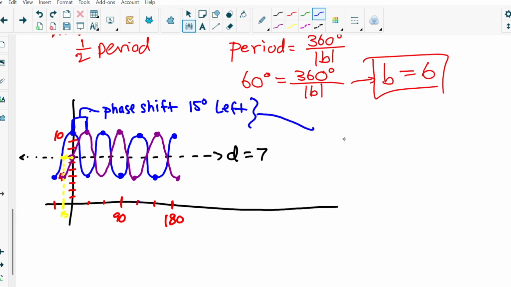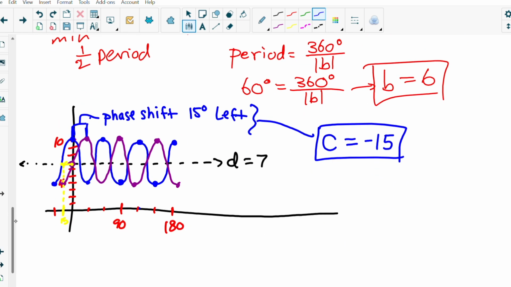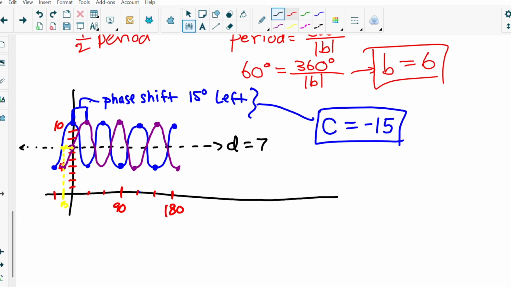So what does this mean? That means C equals negative 15. Okay, I have my A, B, C, and D values. Okay, let me just take stock of it here.